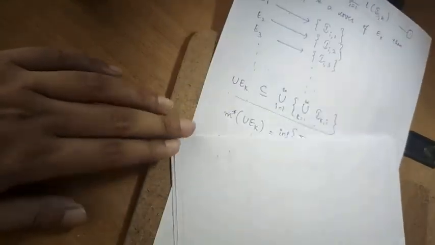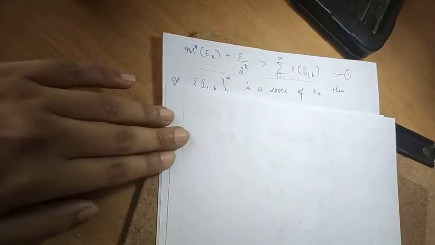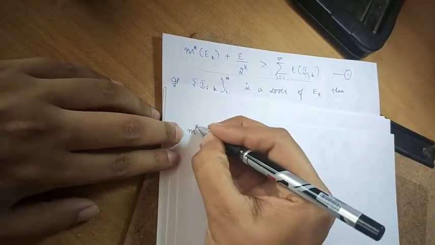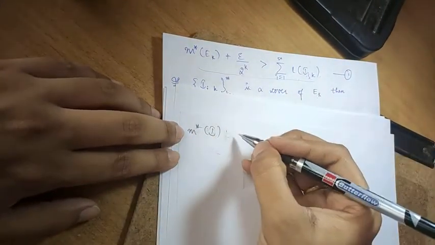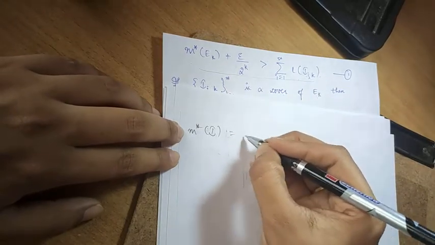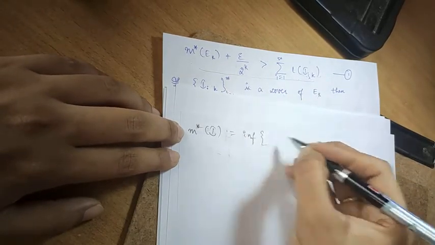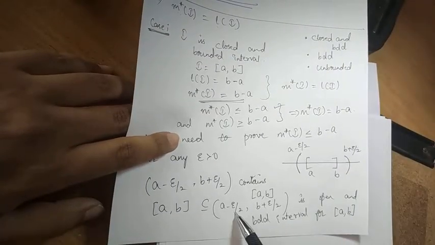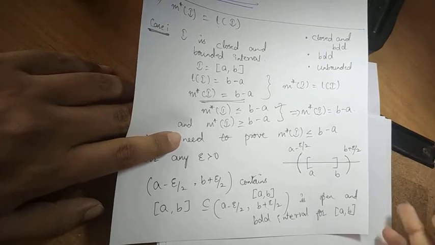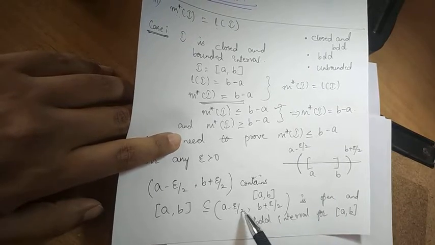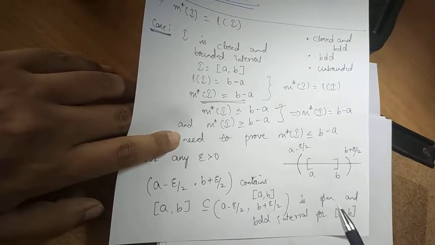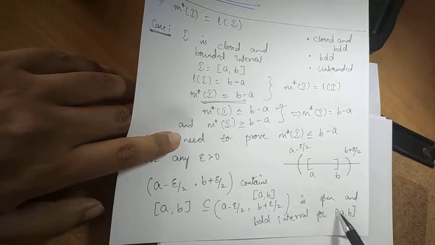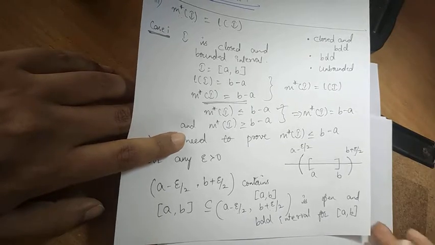Correct? So from the definition of the outer measure of an interval, m star of I is equal to the infimum of the sums of lengths, but here we have considered only one of the intervals, that is one of the covers. I can say this is one of the open and bounded covers for the closed interval a comma b.